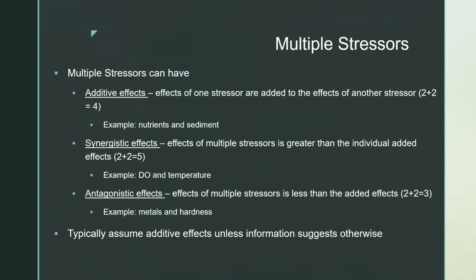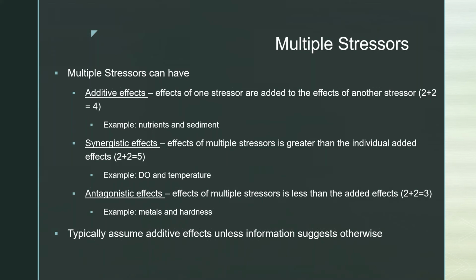All right, so what types of responses can we have if we have multiple stressors? Well, there's kind of 3 different generic responses. Consider them theoretical responses, because the truth might be somewhere in between these. But there's 3 different classes of responses to multiple stressors.